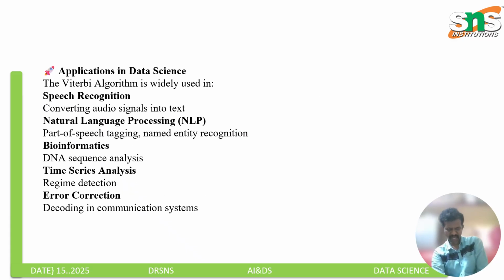Next one, what are the applications in data science? The Viterbi algorithm is widely used in speech recognition, converting audio signals into text. If you give audio, it can convert what we are speaking into text. Next, we can use it in NLP, the abbreviation of natural language processing, for part-of-speech tagging and named entity recognition.